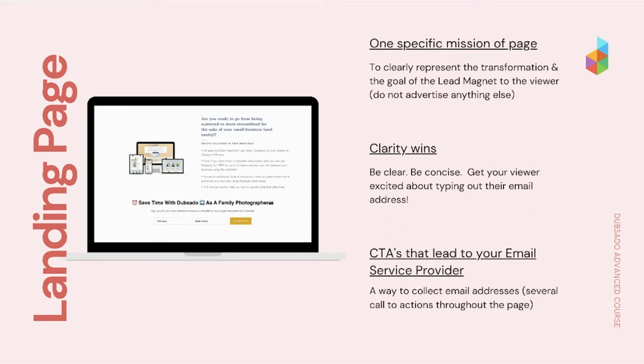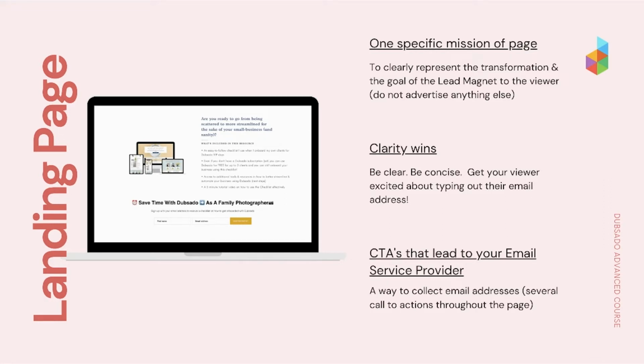Get your viewer really excited and hyped up about typing out their email address so that they can receive that lead magnet. Remember to put at least 3 calls to action that lead to your email service provider intake form.